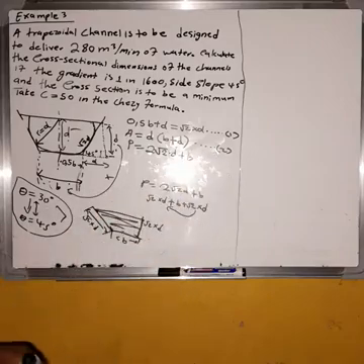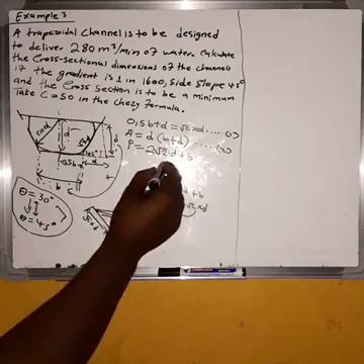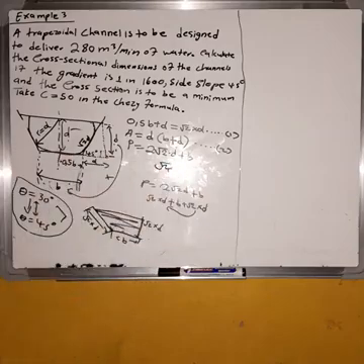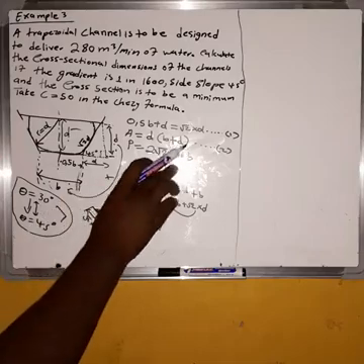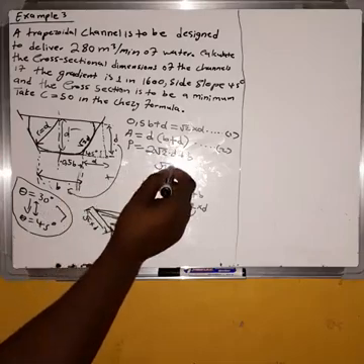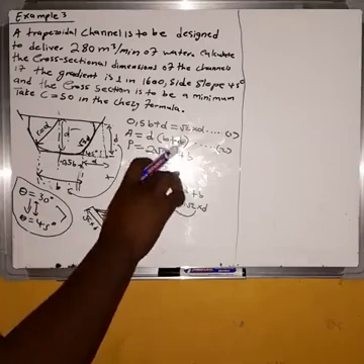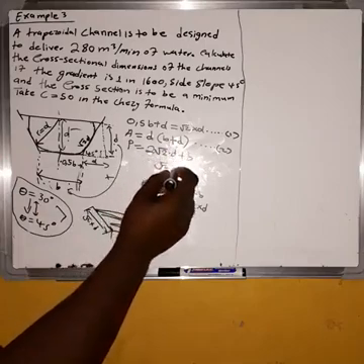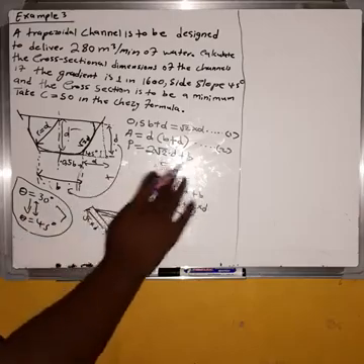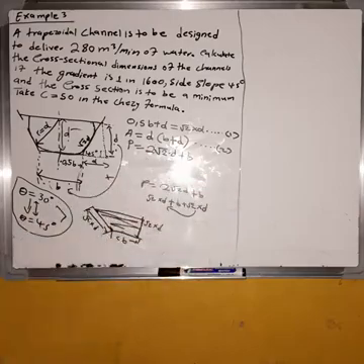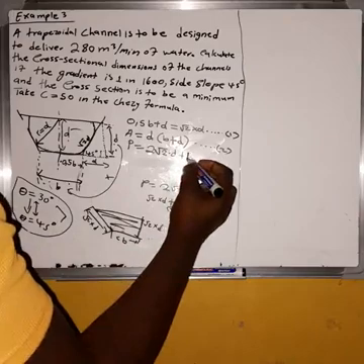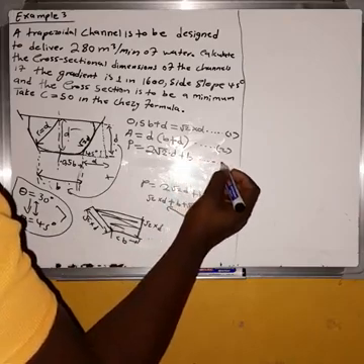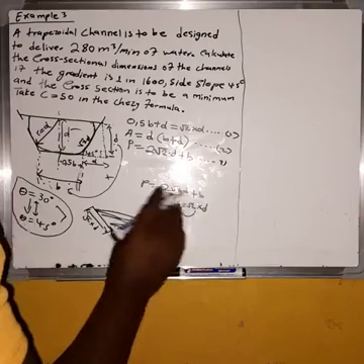Another error: do not include d inside the square root. D is not included, it's only 2 inside. You multiply by d, it's outside the square root, it is not inside. This is Formula 3.